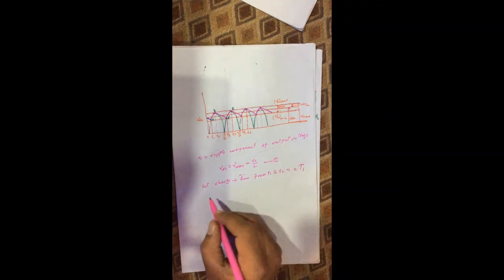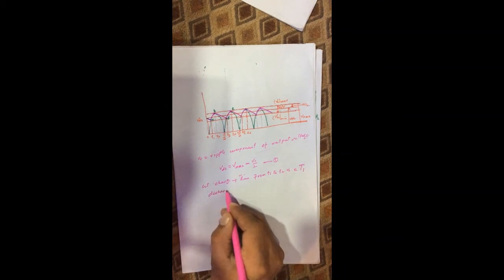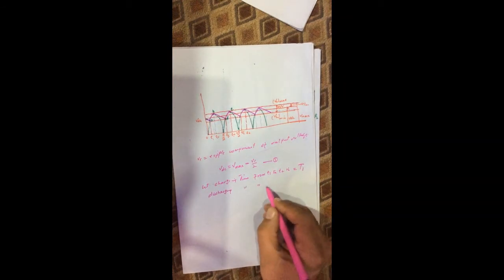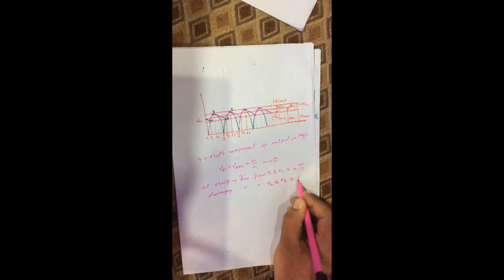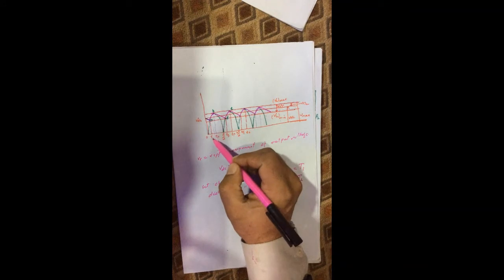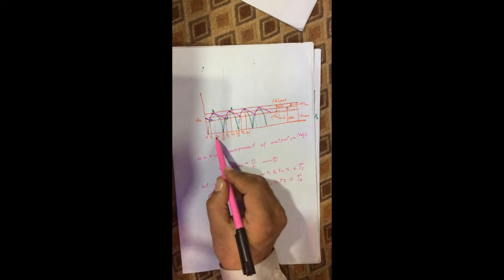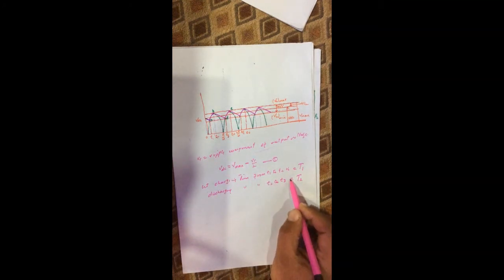Similarly, the discharging time from T2 to T3 is capital T2. This is the charging time between T1 and T2, which I call T1, and the discharge starts from B to D, from T2 to T3. So from T2 to T3 the discharging time is represented by T2.